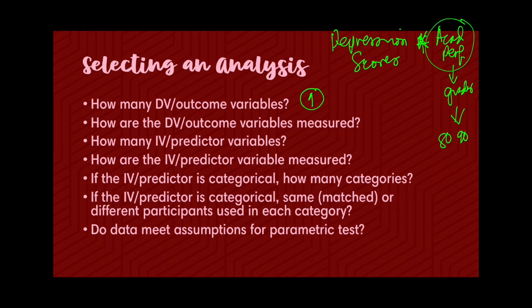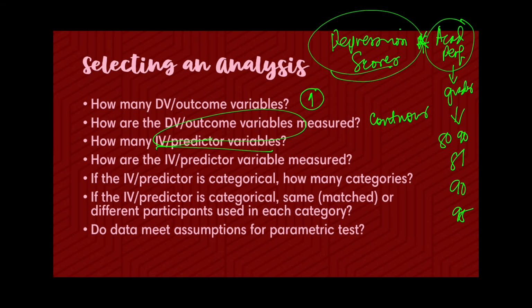All right, and then how is the dependent variable measured? So as I said, it's 81, 90, 95. So it's equidistant, no? And so it is a continuous variable. Next, how many IV or predictor variables? In this hypothesis, we only have one, which is depression score.